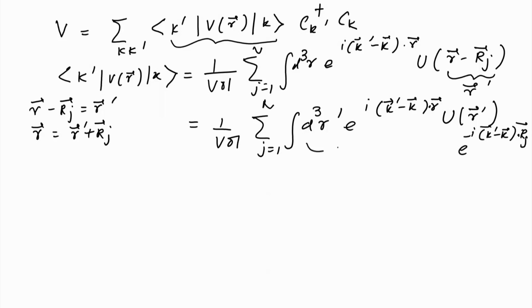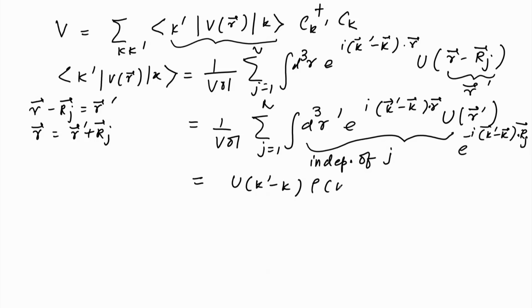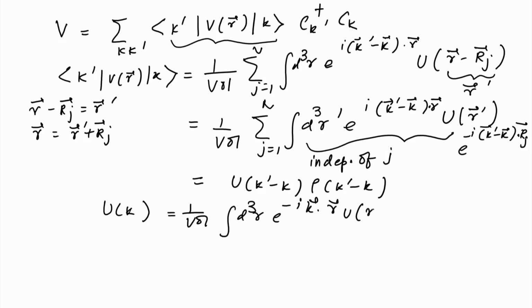This is, of course, you see that this is independent of j, which means the impurity sites, and we can simply write this as u(k prime minus k) rho(k prime minus k), where u of k is equal to 1 over volume, integral d cube r, exponential minus i k dot r, u of r.